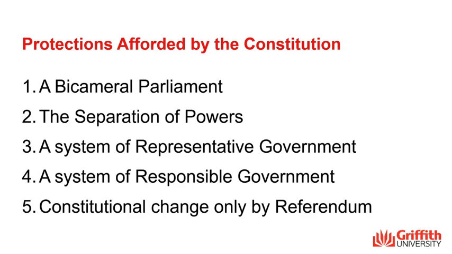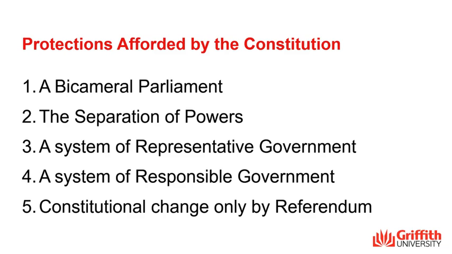The second is the separation of powers, and we've discussed that briefly, and we'll talk about it more later in this lecture. The system of representative government, in that senators and members of Parliament in the House of Representatives are elected from people within prescribed electoral districts within Australia, and therefore they represent those people.